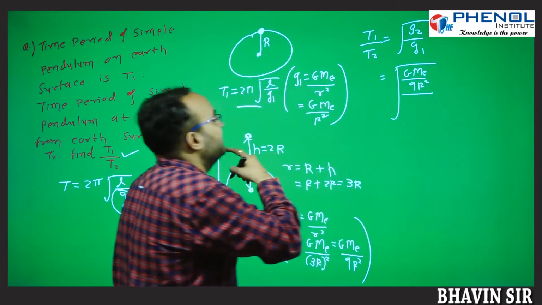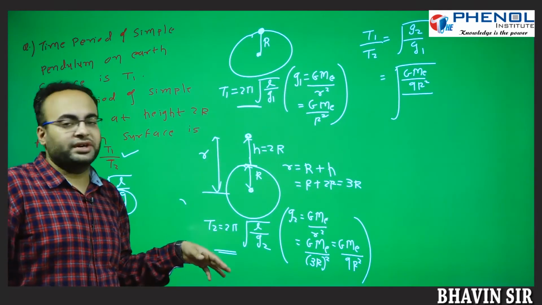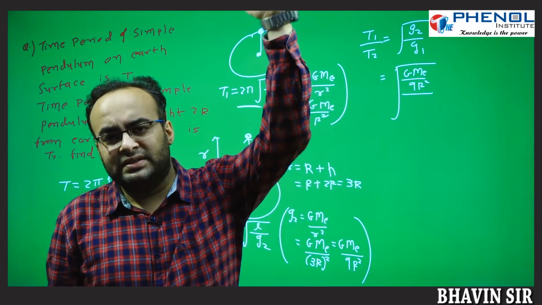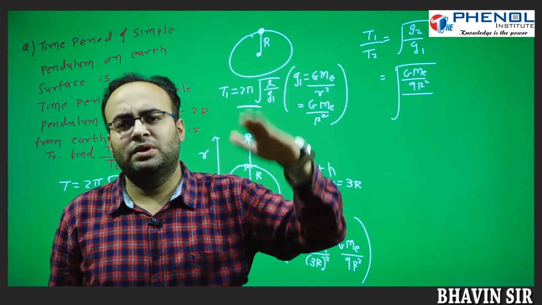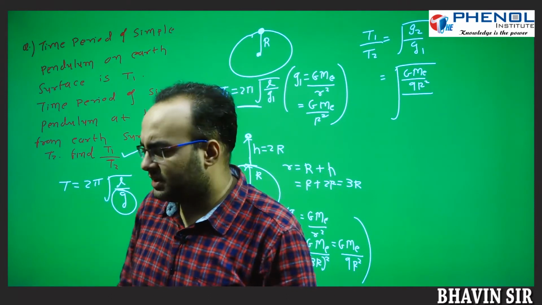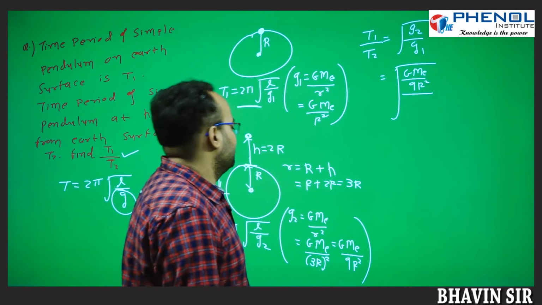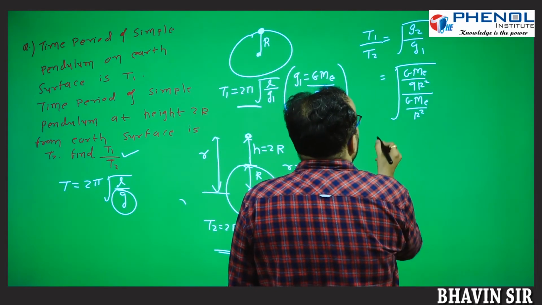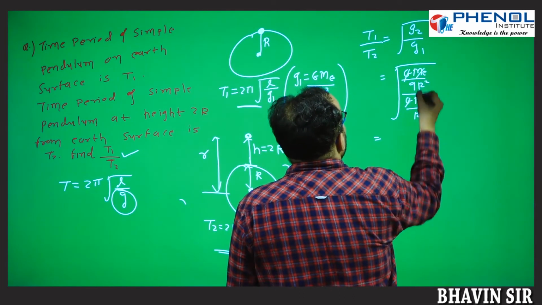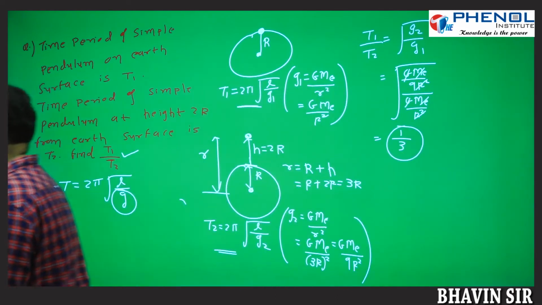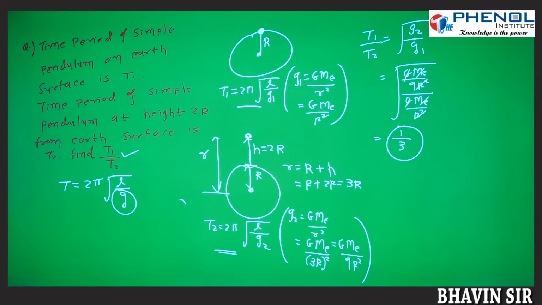And students, here gravitational acceleration is different in both cases, because in the first case the pendulum is at the surface and in the next case the pendulum is at some height. So gravitational acceleration changes with height. So what is g1? G Me by R square. So G Me cancels, 1 by 9 and root. So what is the answer, students? 1 by 3.